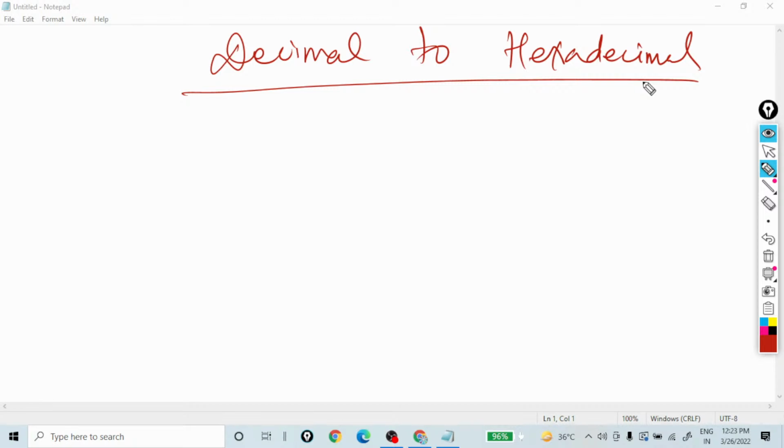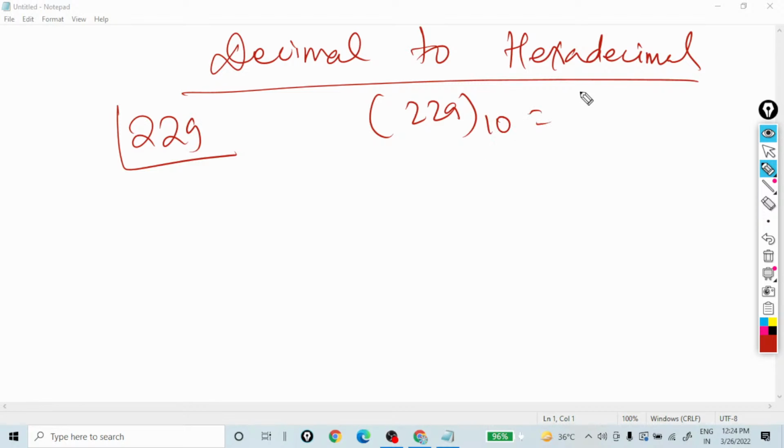Here the base will be 16, so we divide the decimal number by 16, right? So for example, convert the decimal number 229. If you consider 229 in decimal, then what will be in hexadecimal? Right? This is the question.